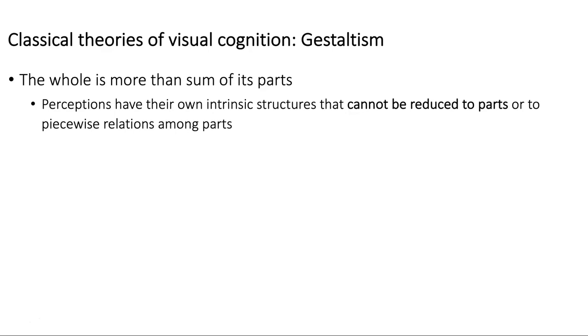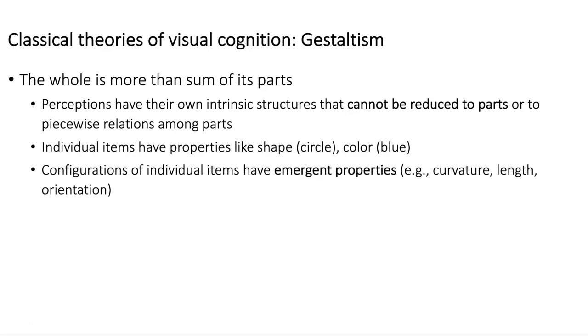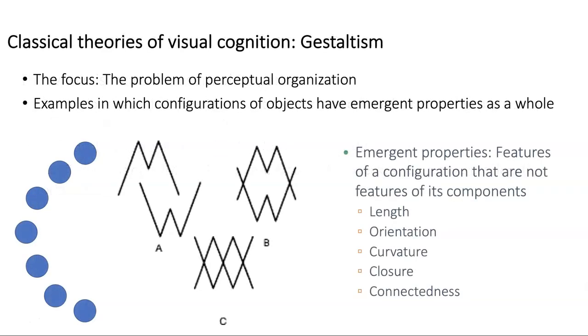So the basic idea again was that the whole cannot be reduced to parts, and the basic reason was that it was based on the perception of emergent properties. So this is the keyword. Emergent properties were in their world. An emergent property was a feature of a configuration like curvature, like closure, like connectedness, orientation.